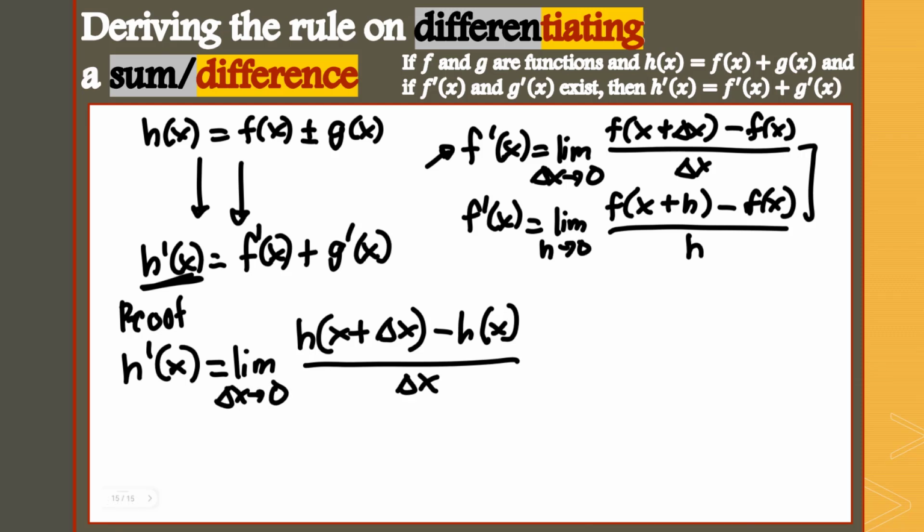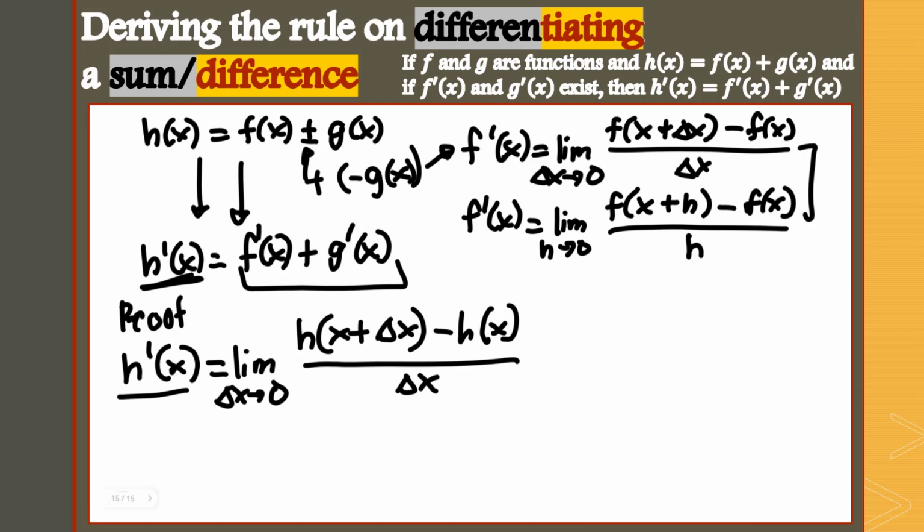We're going to show that from here we'll reach this portion. Even if this has minus, let me use plus only for our proof. But it's also true for subtraction, as we can introduce this as plus negative of g of x.